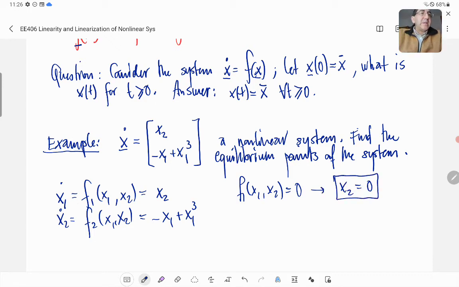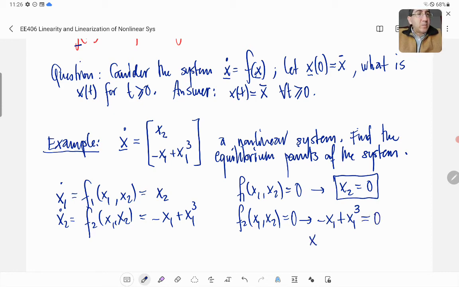So that really forces the second state to be 0 for any equilibrium point. And the second equation, f2 of x1, x2, equal to 0, gives you basically minus x1 plus x1 cube is equal to 0.